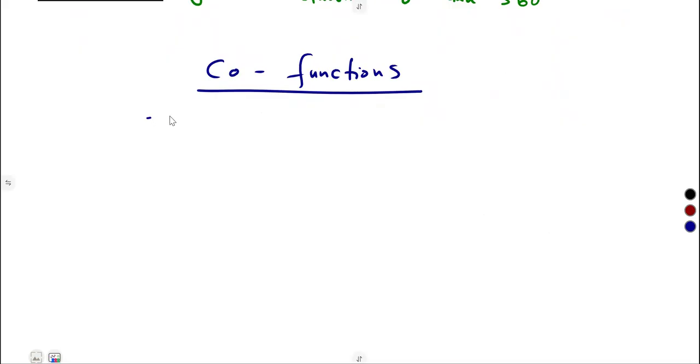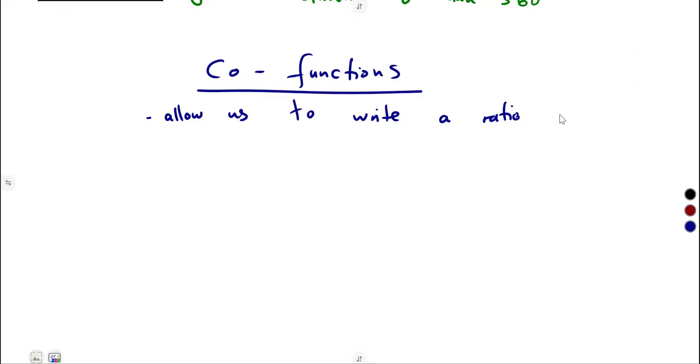All right, guys, grammar: cofunctions allow us to write a ratio. In our syllabus, we work with sine and cos.